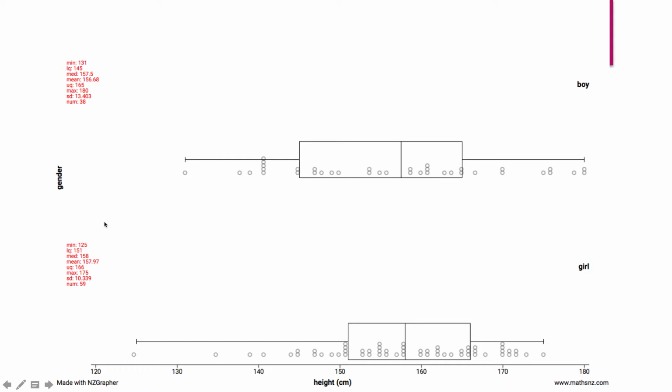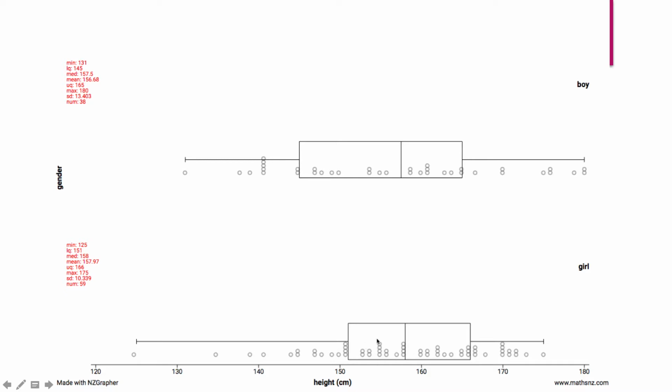For the girls, it's 175 here, and it's 151 for the, so there we have a difference of 24 centimeters.